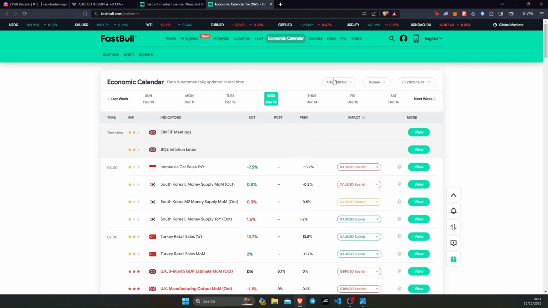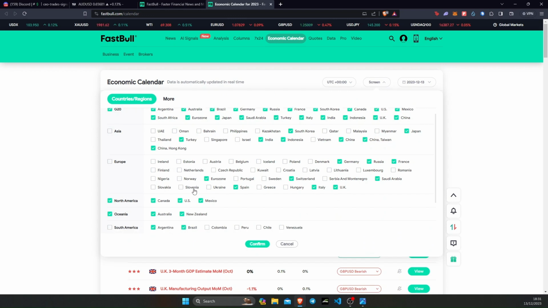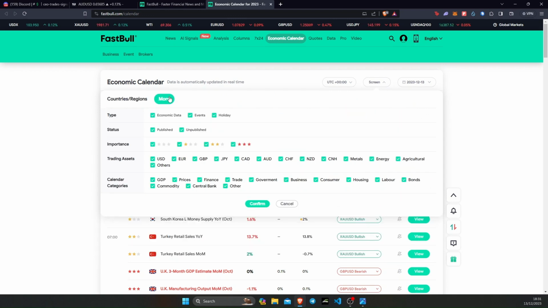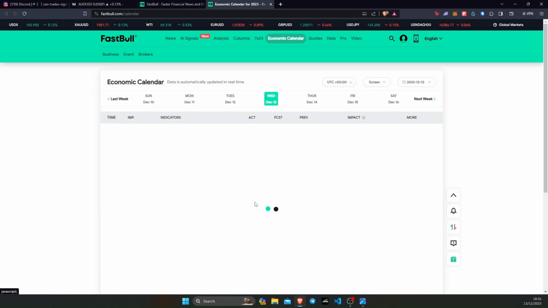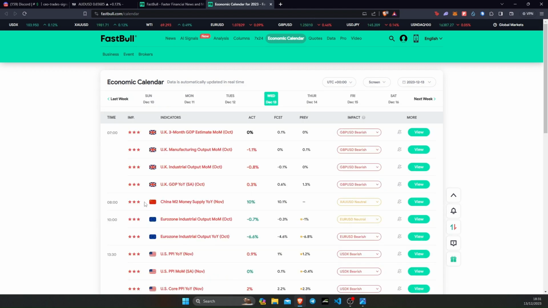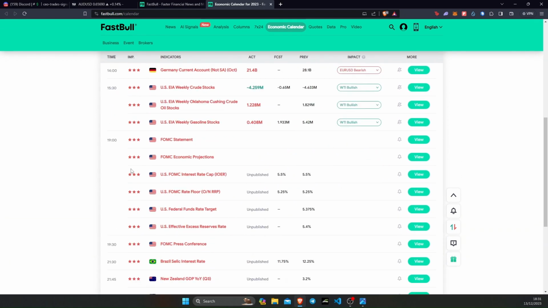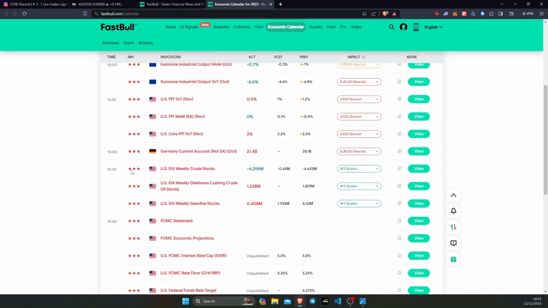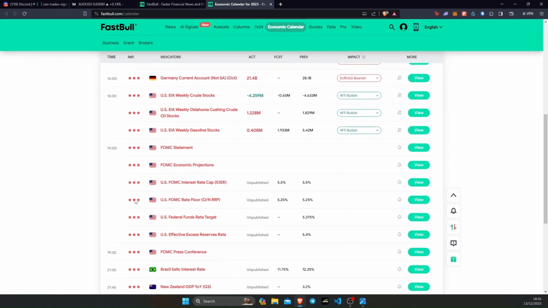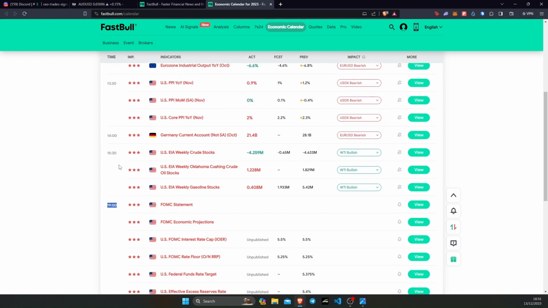And what I also like to do is come up here and make sure that I've clicked this off. So now all I'm going to see is high impact news. So now, as you can see, today there was so much high impact news happening. I didn't want to take any chances with any of my trades. As you can see at 7 p.m., we've got FOMC statements, we've got interest rates, we've got all of this coming.